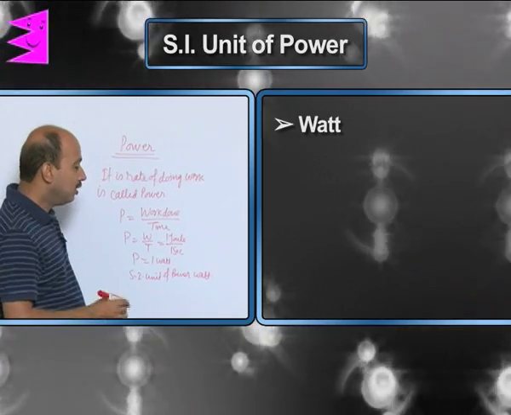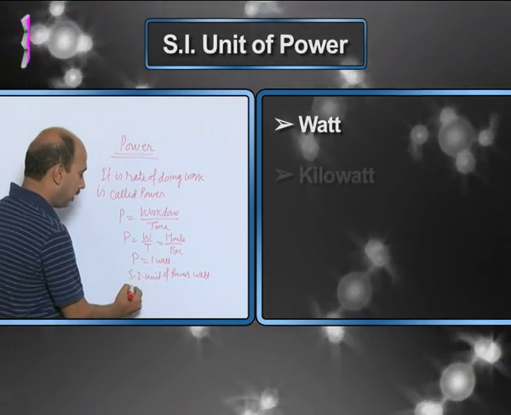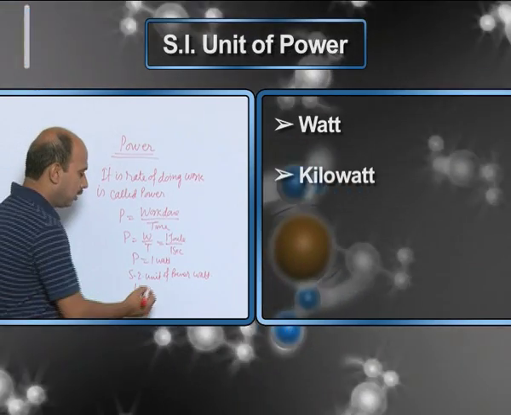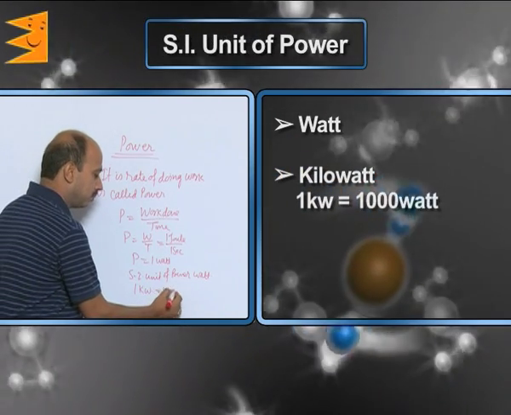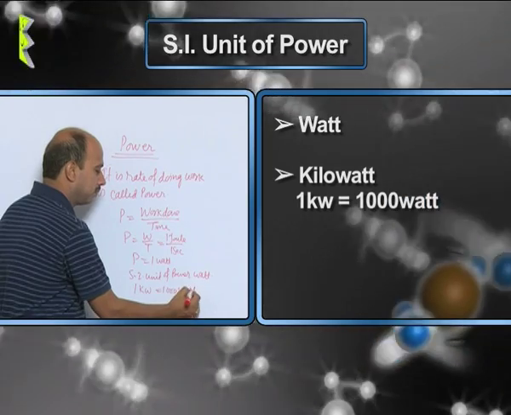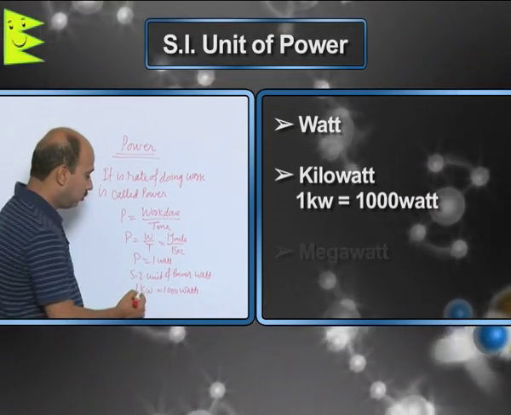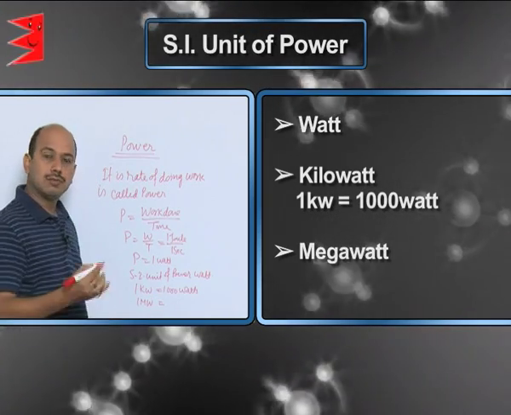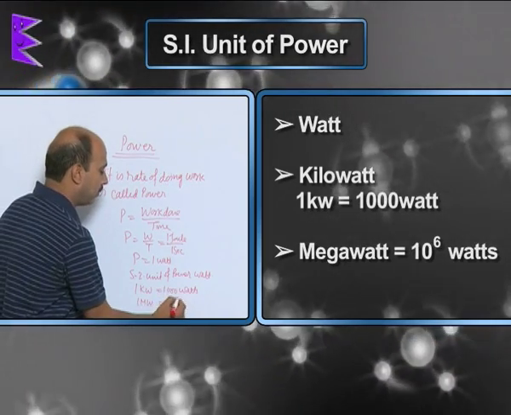We can use other units of power also, like kilowatt, kW. Kilowatt means 1000 watt. Another we can use is megawatt, MW. Megawatt means million, we can write here 10 raised to power 6 watts.